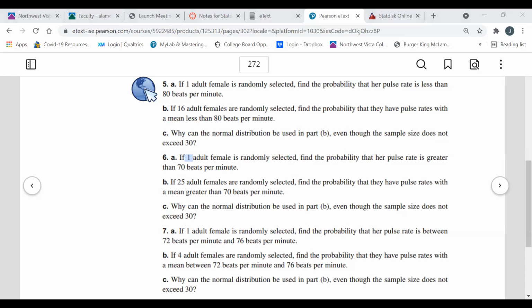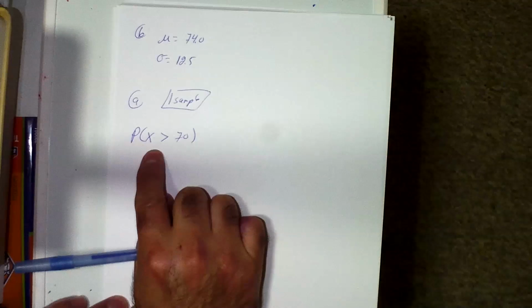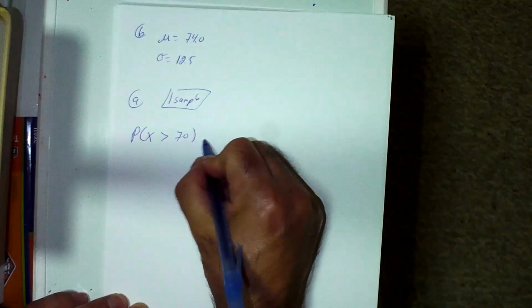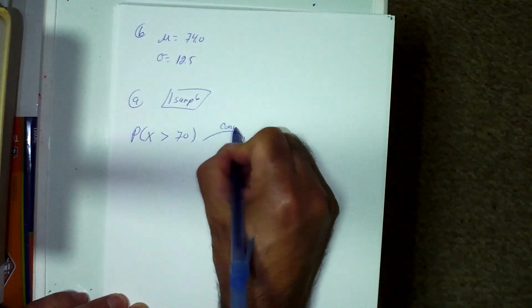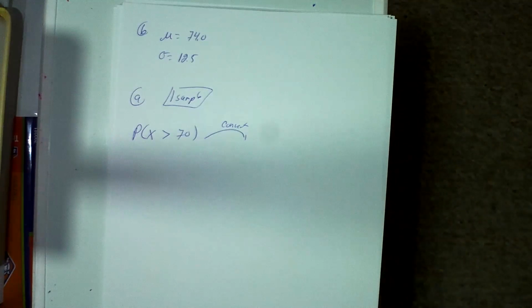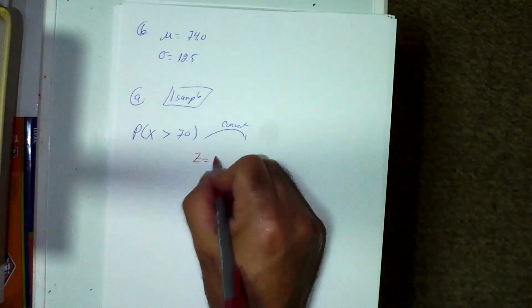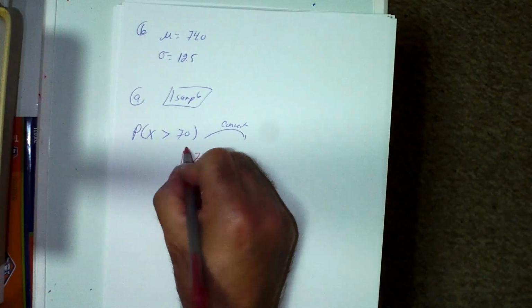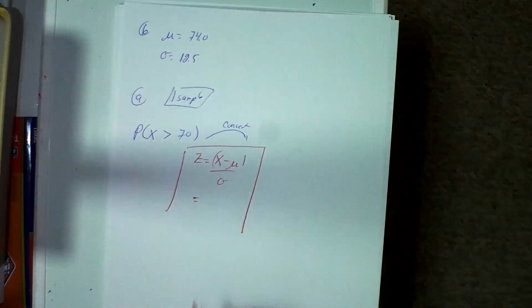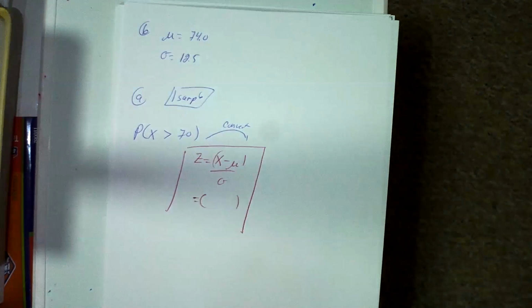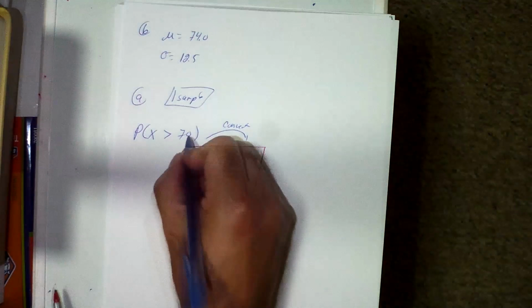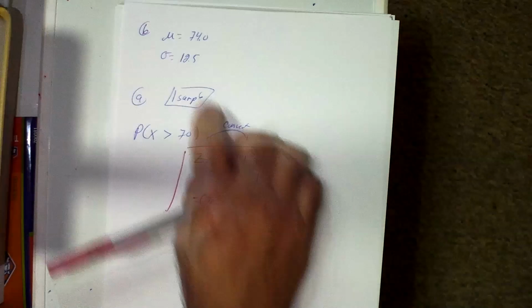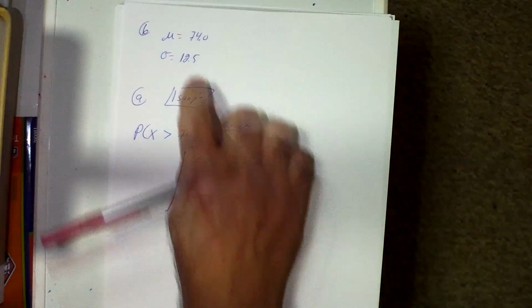Okay, this says greater than 70. X is greater than 70. I'm going to convert. Z equals X minus mu over sigma. You see, I'm doing the same thing over and over again. Nothing strange. 70 minus 74 divided by 12.5.